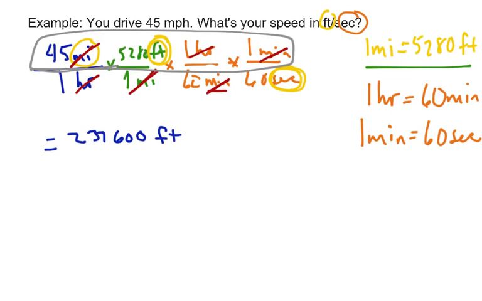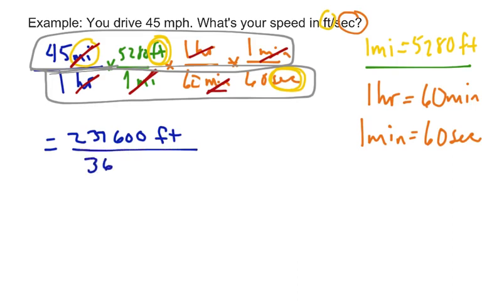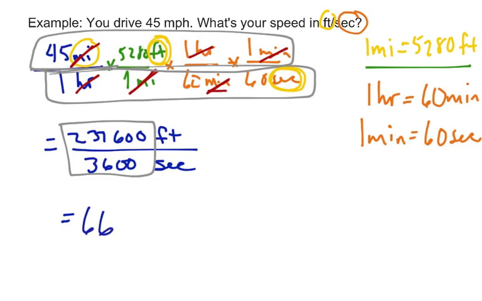When we do the same thing in the denominator, 1 times 60 times 60, we'll get 3,600, and the only units that are left there are seconds. One last thing arithmetic-wise to do is just to simplify this part. Take the 237,600 divided by 3,600, and what we're left with is 66. Don't have to worry about the units. They're sitting right at the end here, and our answer is going to be 66 feet per second.